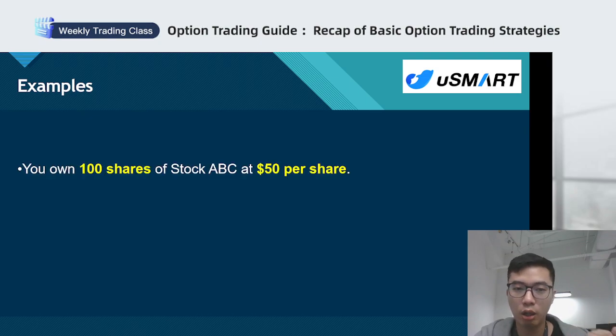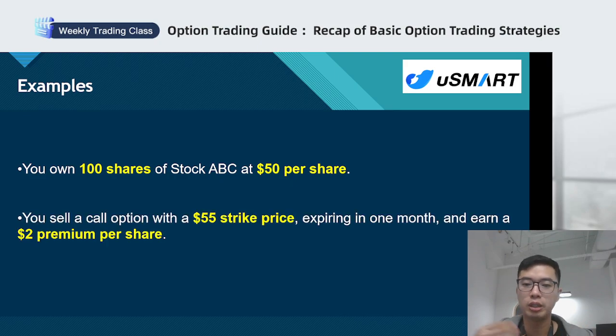I will give an example. You own shares of ABC at $50 per share. Then you sell a call option with a 55 strike price, expiring in 1 month, and earn a $2 premium per share.